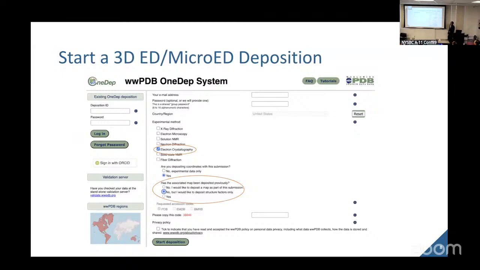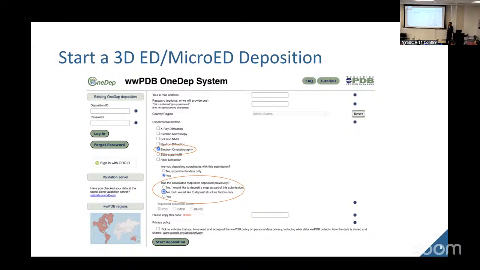To start a MicroED or 3D deposition, you have to choose a method first. So far, everything is under the umbrella of electron crystallography, which includes both the 2D EC and 3D MicroED. And here you will see questions that are not very meaningful.